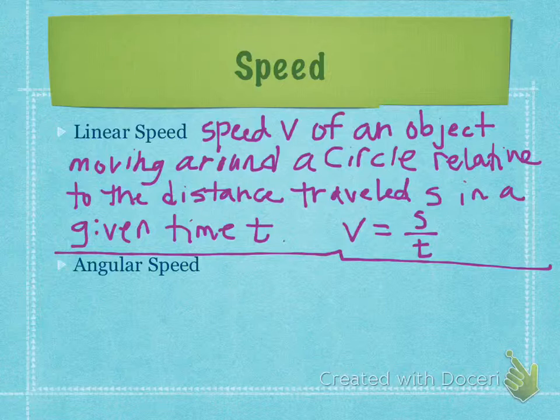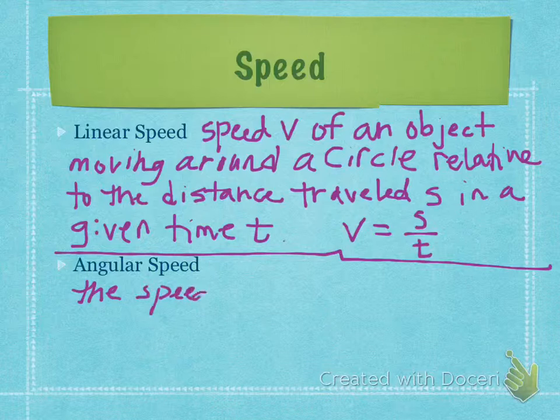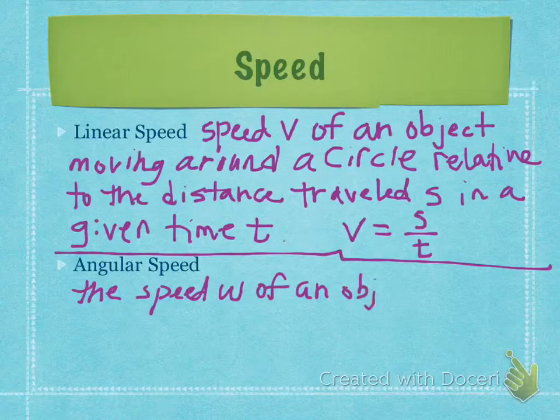So angular speed is the speed w of an object moving around a circle.